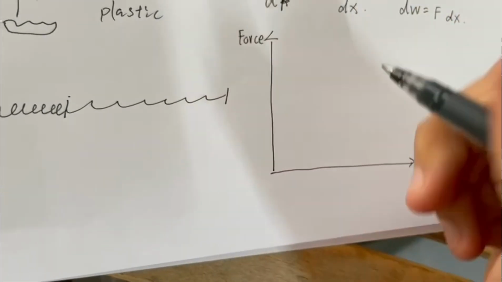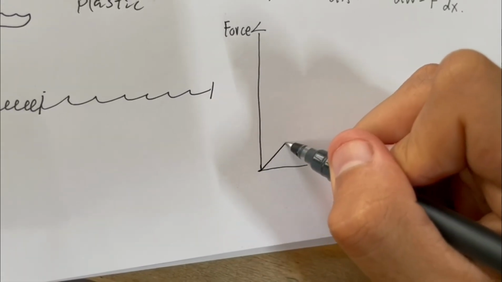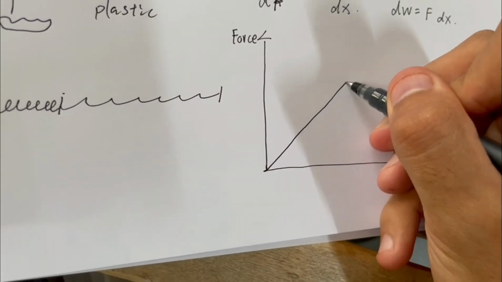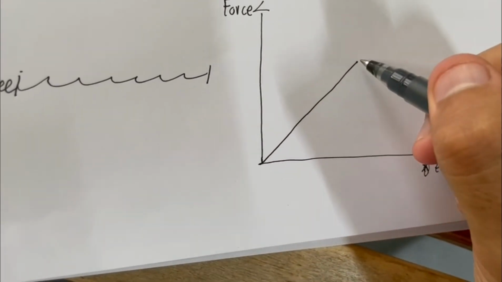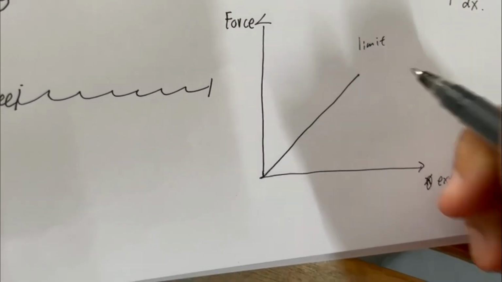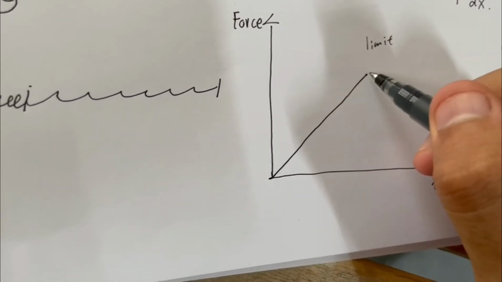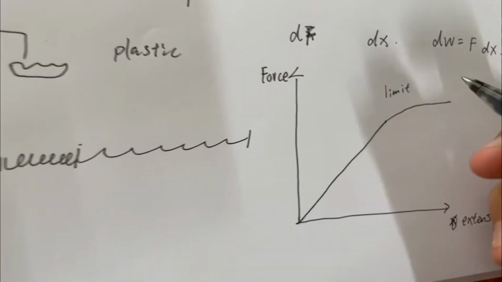We all know it's a linear graph, right? Up to our limit. And after that, it won't be linear, I think.